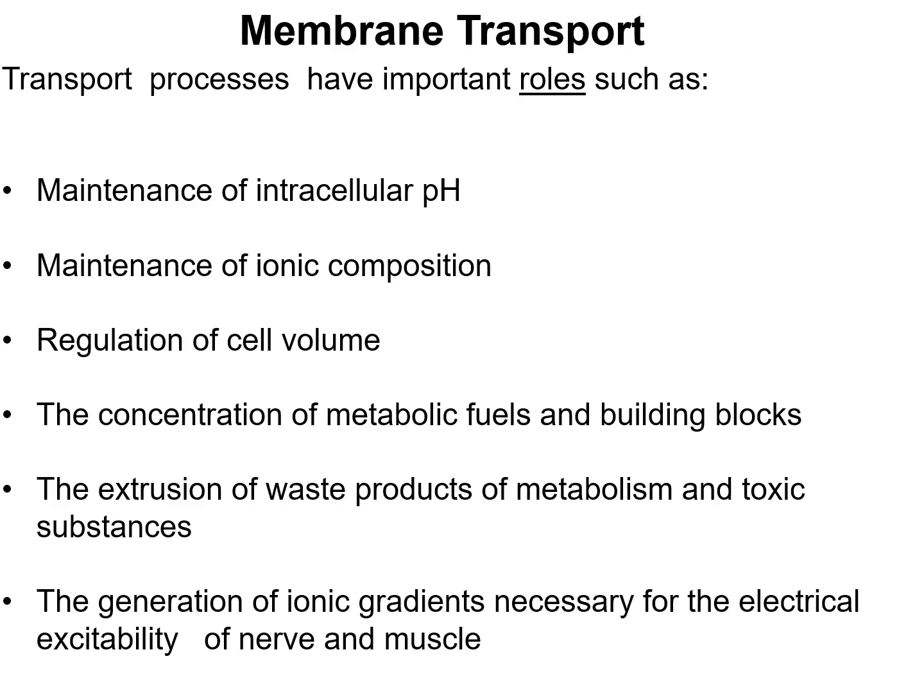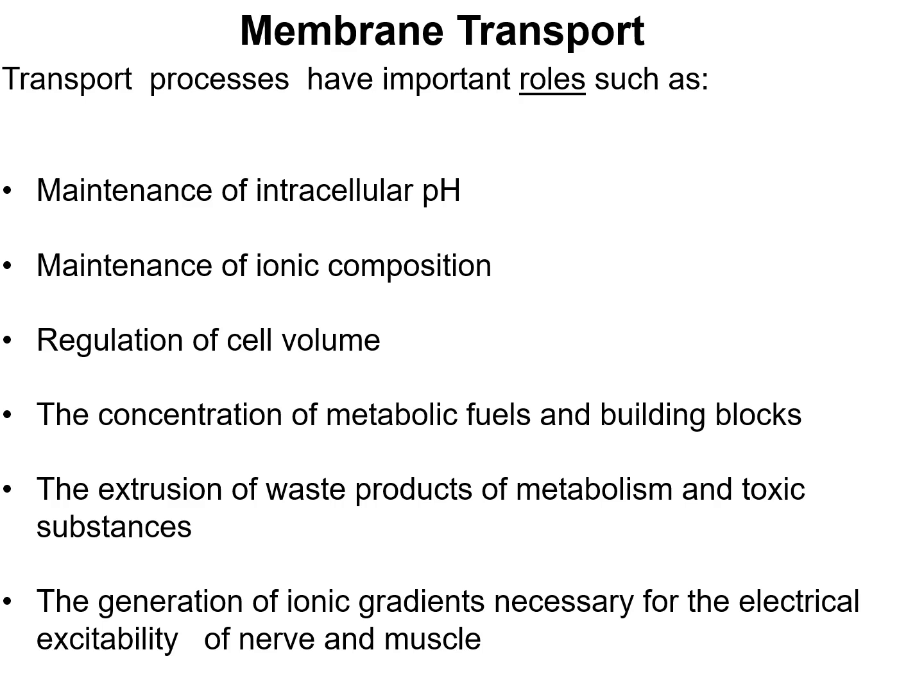Membrane transport also allows our cells to keep the ionic composition on either side of the plasma membrane, which is very important for nerve impulses, for example. Membrane transport is also important to regulate cell volume. When you talk about osmosis and the sodium-potassium pump, you will get an idea of how this process is important to keep our cell volume in a healthy state.